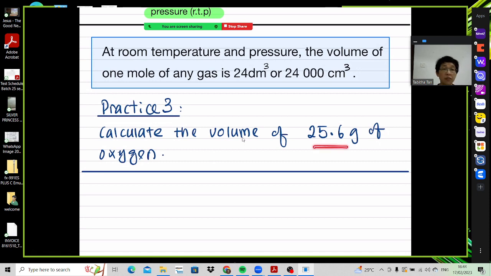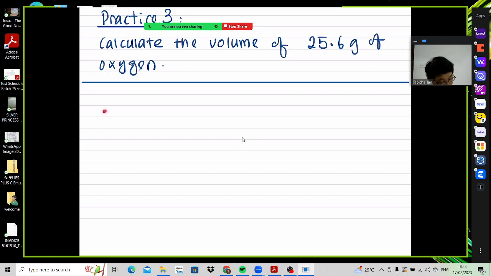Back to our first basic skill. We have learned that if they give us gram or mass, we have the ability to convert that to mole. That is exactly what we're going to do. We're going to use that previous knowledge now, so let's convert from mass to mole first.